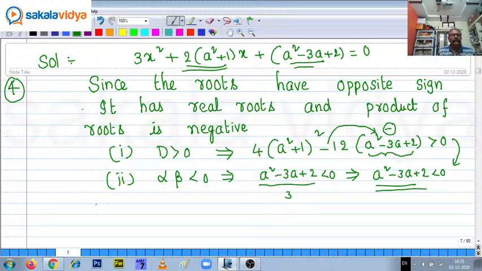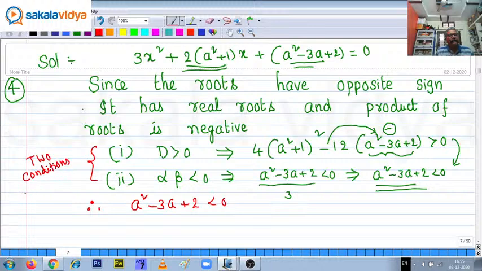Therefore a square minus 3a plus 2 must be less than 0 to satisfy these two conditions. So using this condition, now the factorization.